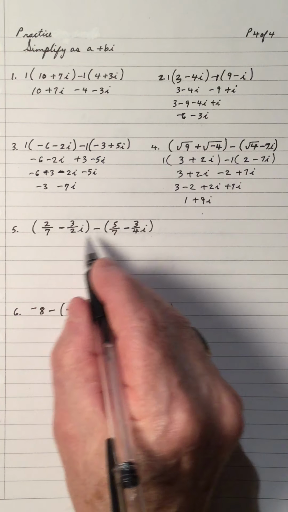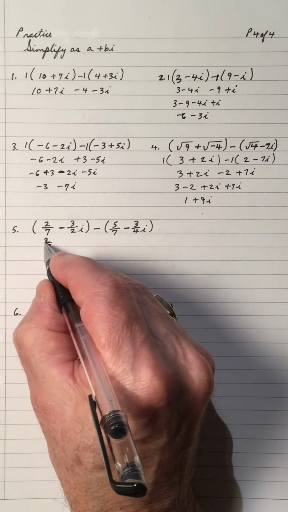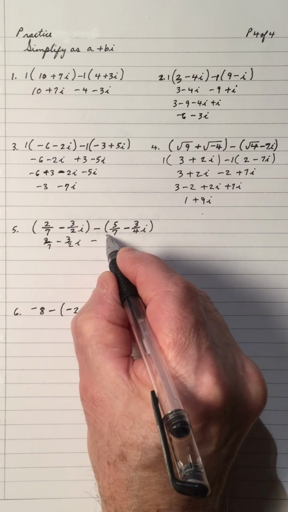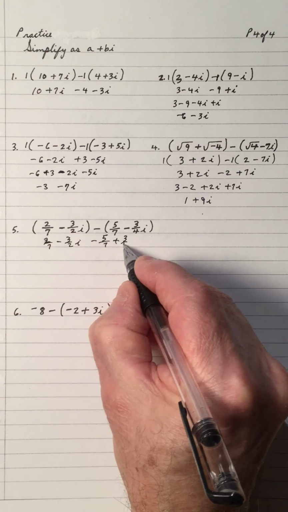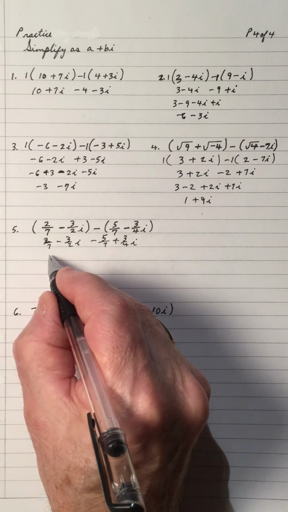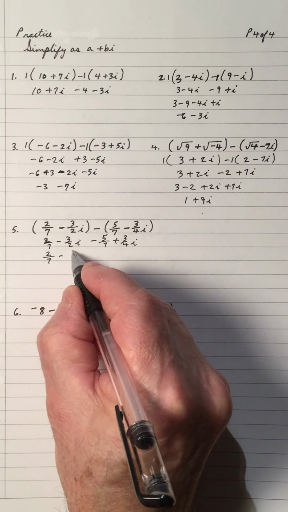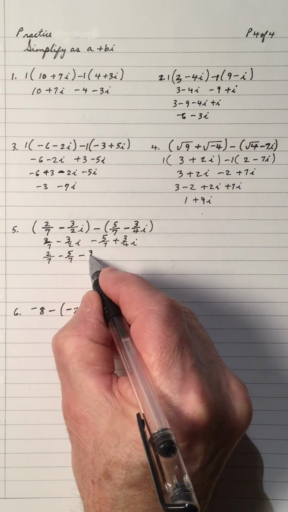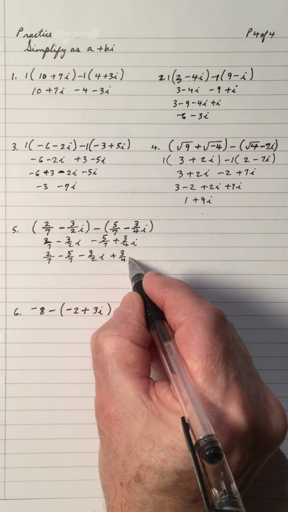And number 5, we're subtracting, so we're going to add on the opposite, which is a negative. 5/7 plus 3/4 i. So now we're going to group the real terms together. 2/7 minus 5/7, minus 3 over 2i plus 3 over 4i.